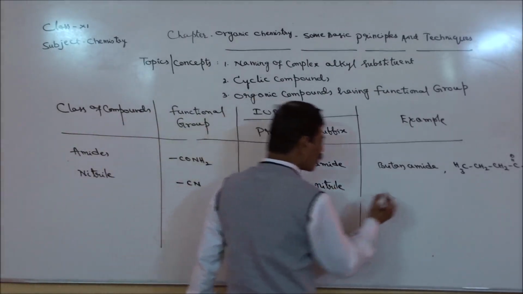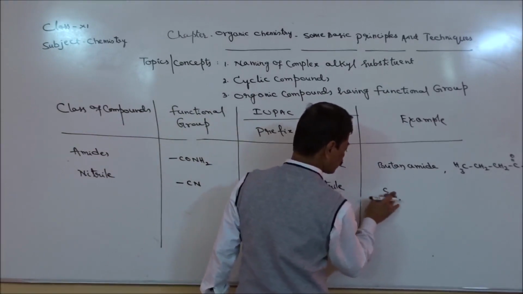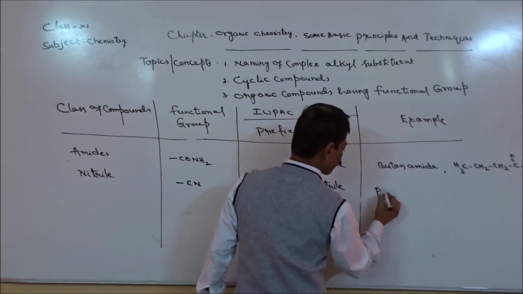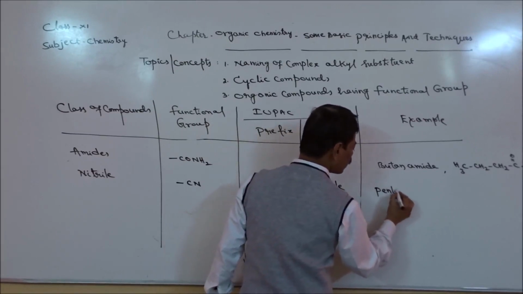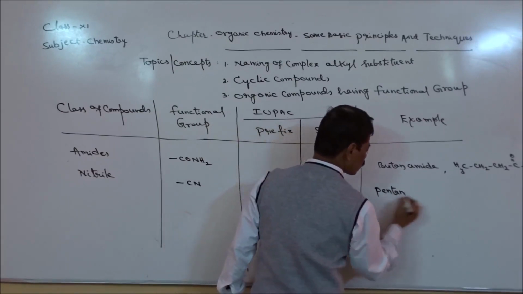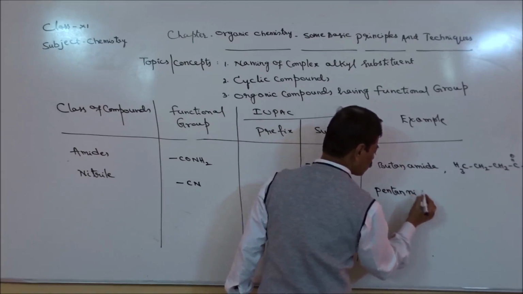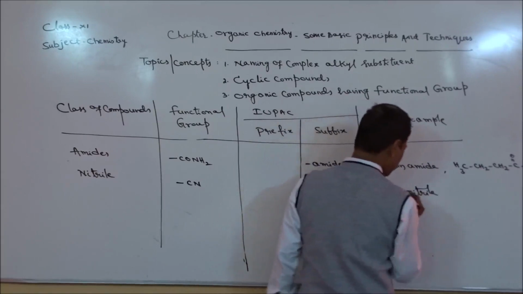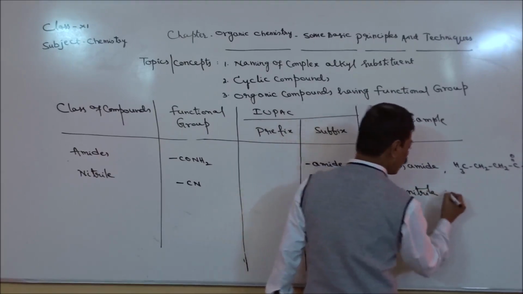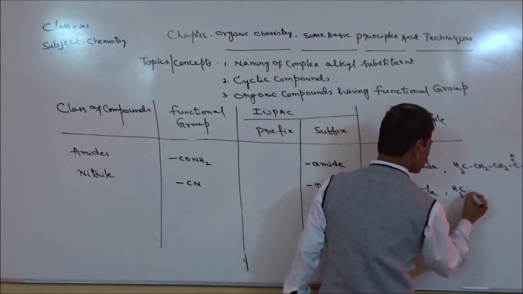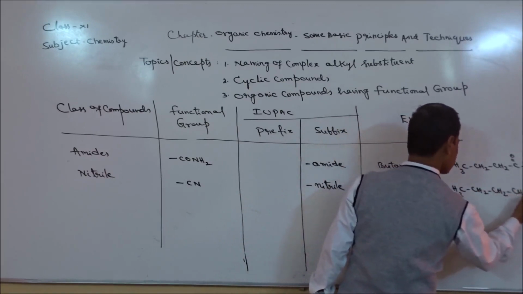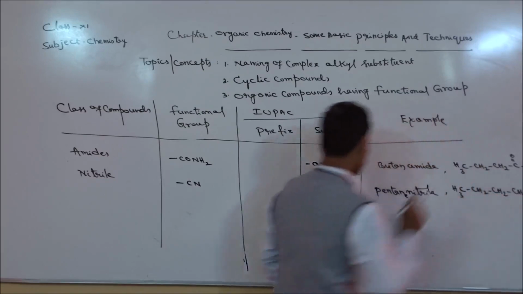And that compound can be like this: pentanenitrile. And it is CH3, CH2, CH2, CH2, CN. 1, 2, 3, 4, 5.